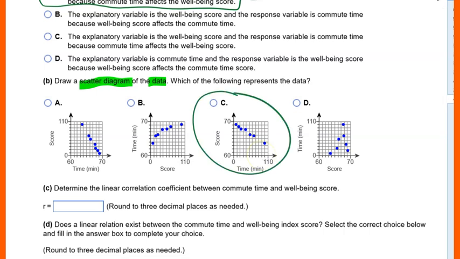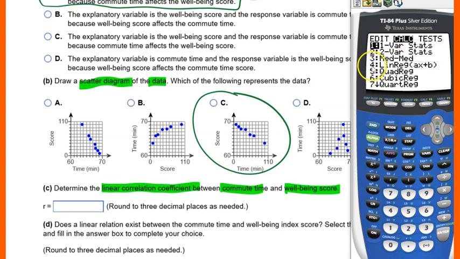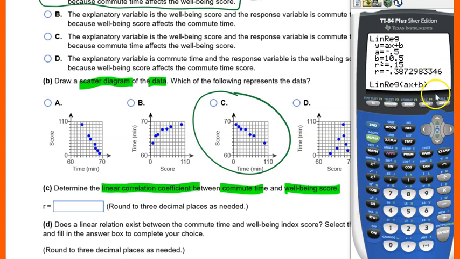Now the next question is to determine the linear correlation coefficient between commute time and the well-being score. To do that, you have to do stat calc number 4. Since your data is in L1 and L2, you are good, and make sure that your diagnostic is on, like in question number 13, and press enter, and you see that the value of R here is minus 0.9927.